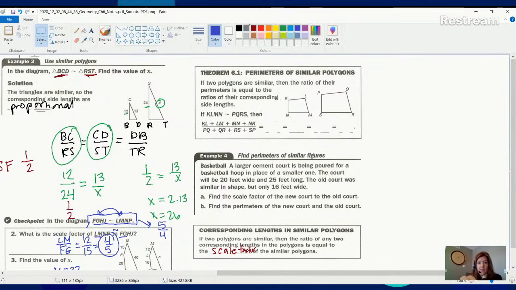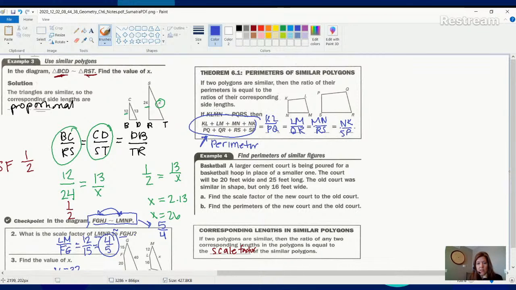So this fraction that's shown right here represents the perimeter, okay? And the perimeter is equal to the ratio of each side. So it's equal to KL over PQ. It's equal to LM over QR. It's equal to MN over RS. And it's equal to NK over SP.